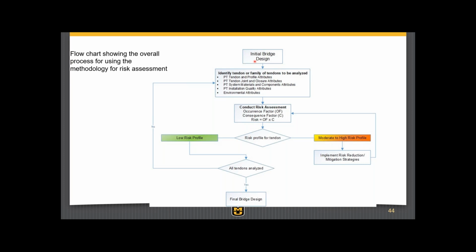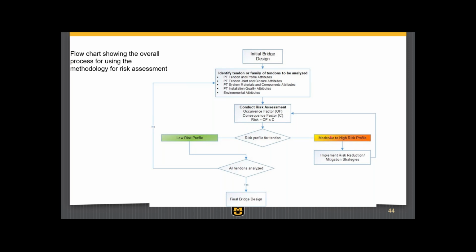You analyze each tendon on a tendon by tendon basis, although many of the tendons will have the same attributes, so they can be grouped together. You look at the 18 or 19 attributes we have and come up with a risk assessment score of what the occurrence factor is and what the consequence factor is, and that provides you a risk profile.